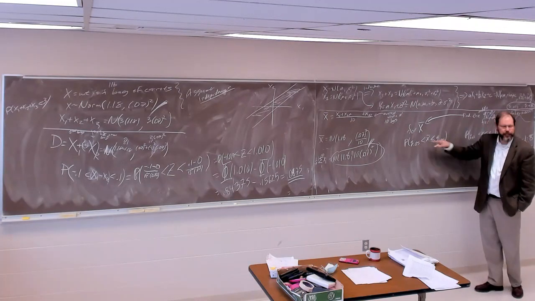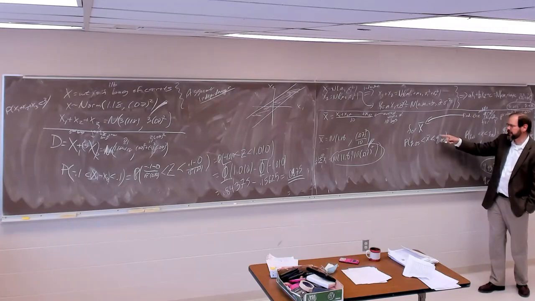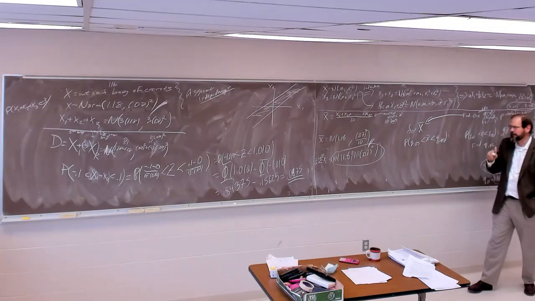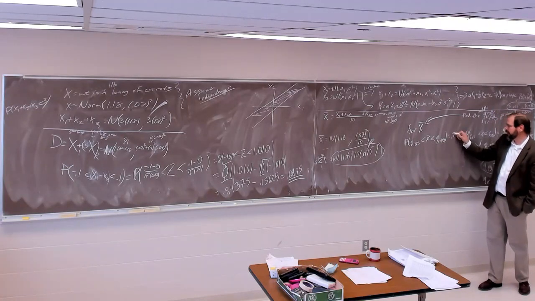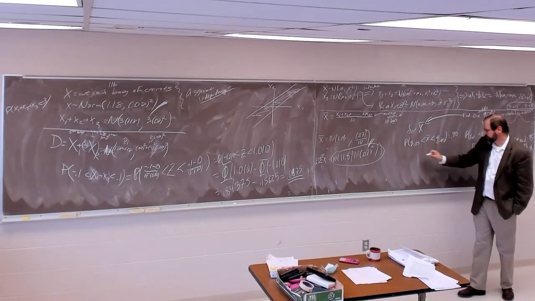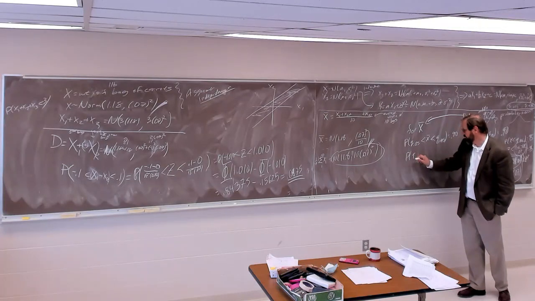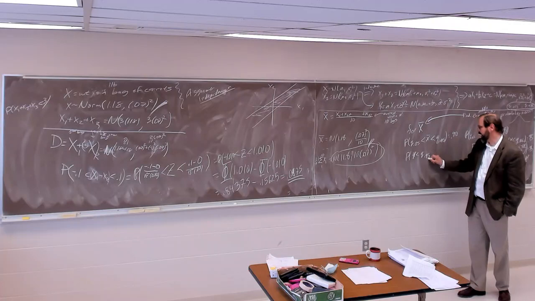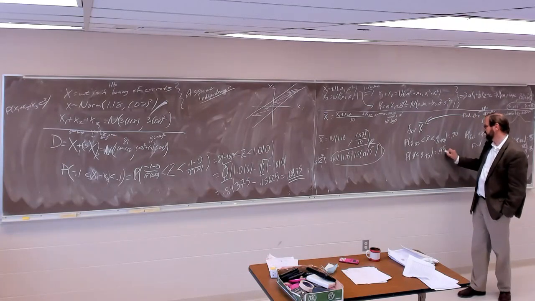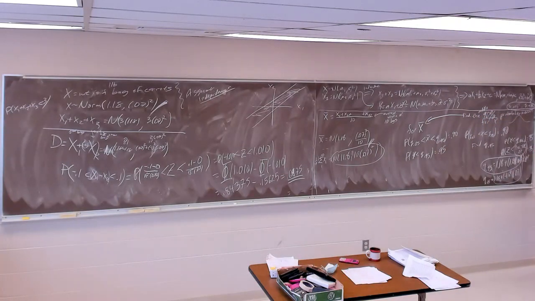My q's will be different numbers this time because I have a different random variable. Every random variable gives me different values. But I want that to be 0.9, and in particular, I want x bar less than q of 0.95. Same argument as before.